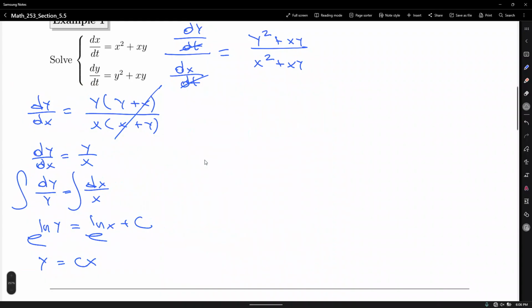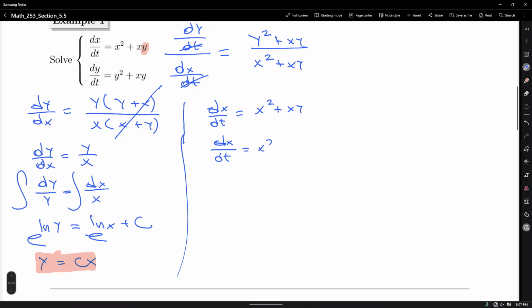Okay, guys, let me go back to dx dt. dx dt equal to x squared plus xy. Actually, guys, this is y equals cx, which I'm going to substitute into the y in the first equation. That'll be dx dt equals x squared plus x times cx, all right?